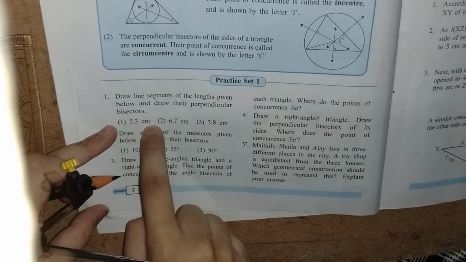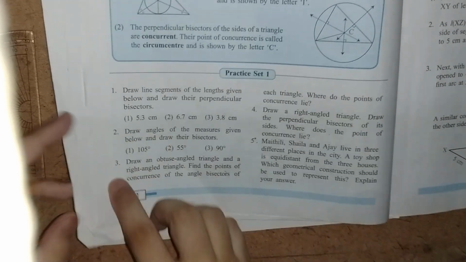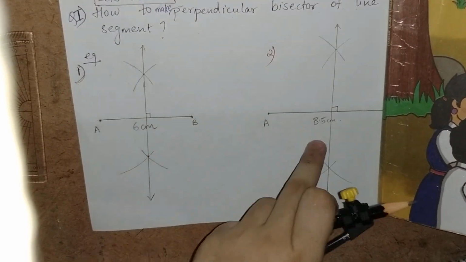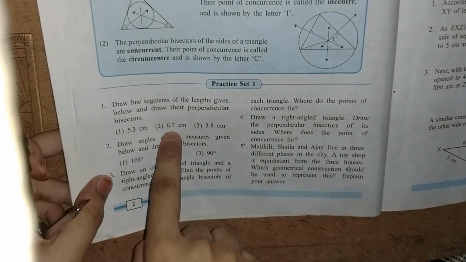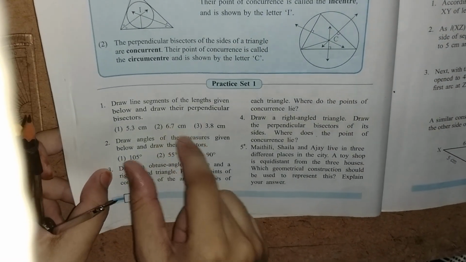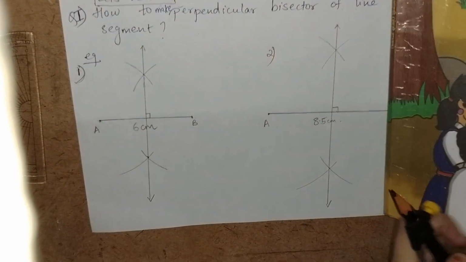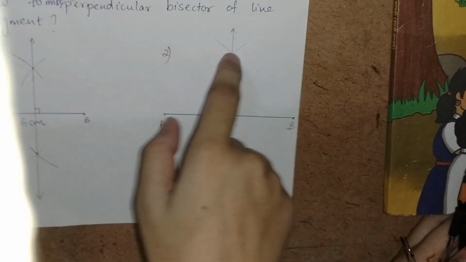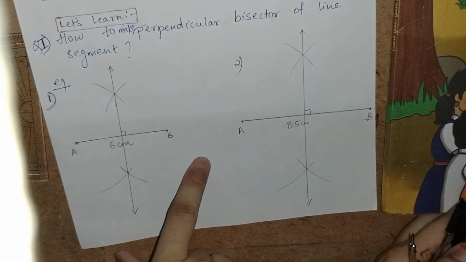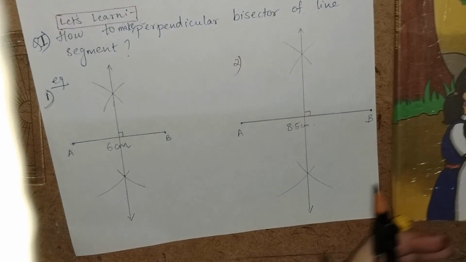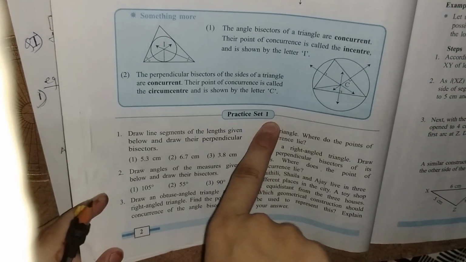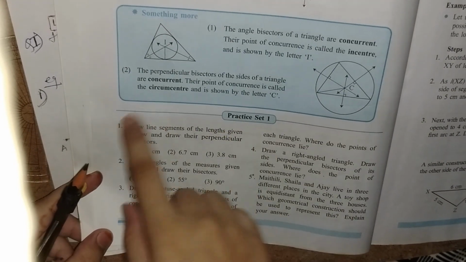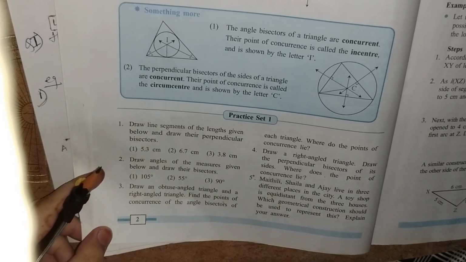You have to make a 5.3 line segment, and in a similar manner make the perpendicular bisector. Similarly, 6.7, draw the line segment, make the perpendicular bisector in this manner. Okay, got it? So can you do this? Practice set 1, first part.